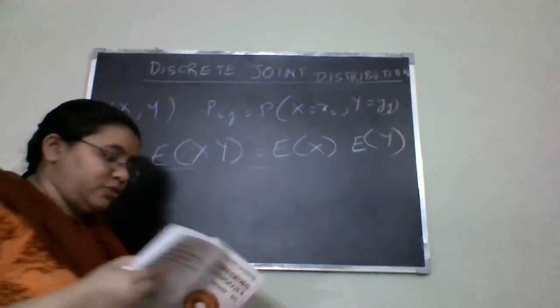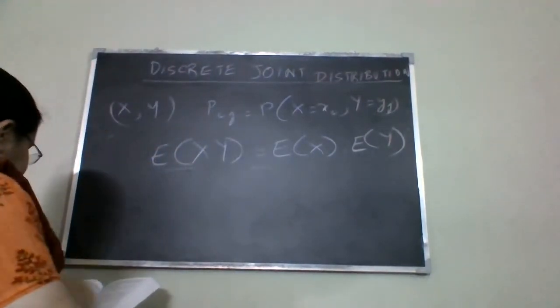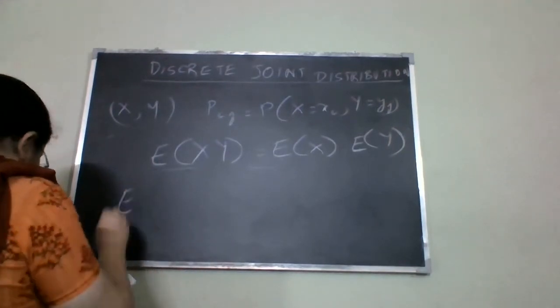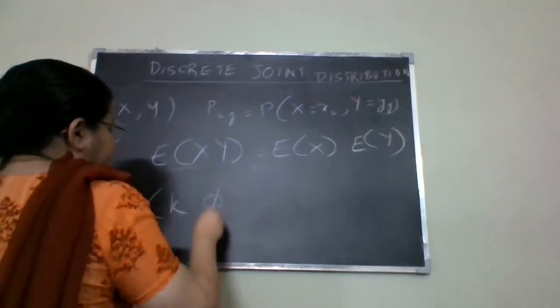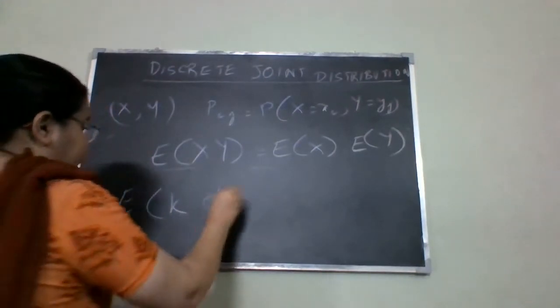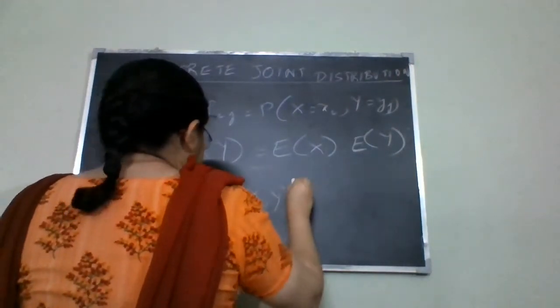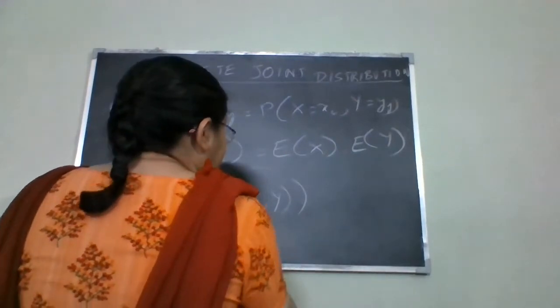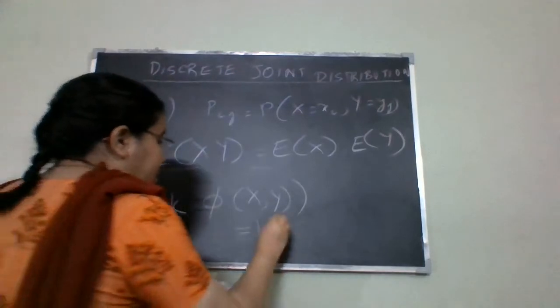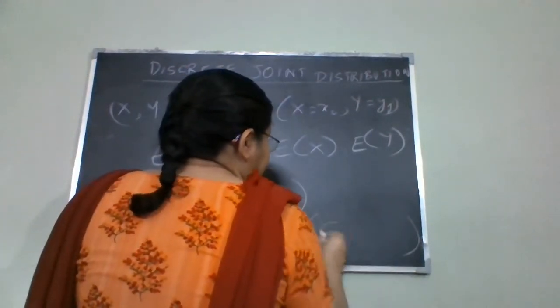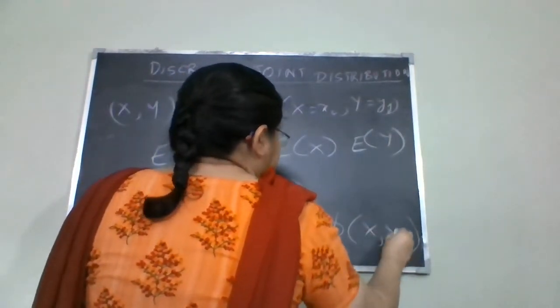Now we have theorem 3, which states: K is a constant. Now we have a function phi(x,y); K will come out of this because K is a constant, then E of that function phi(x,y).